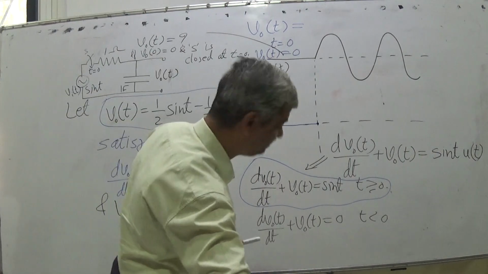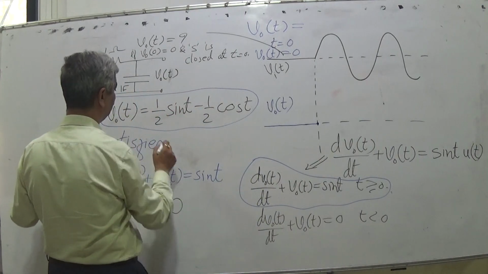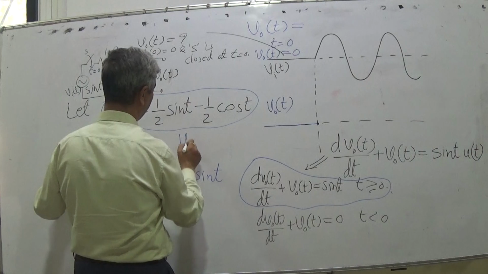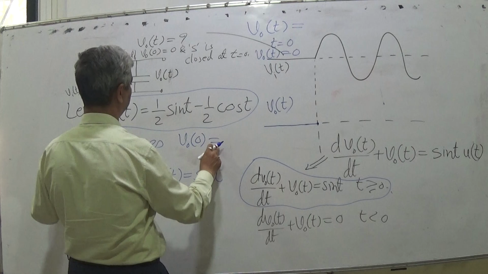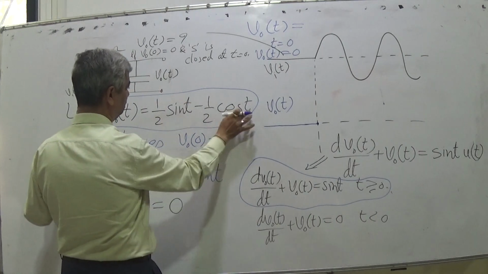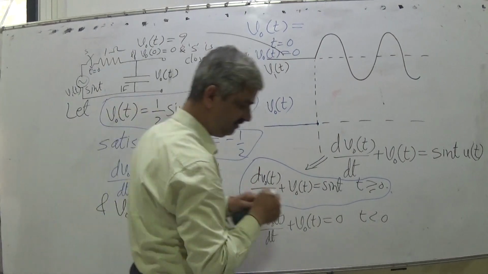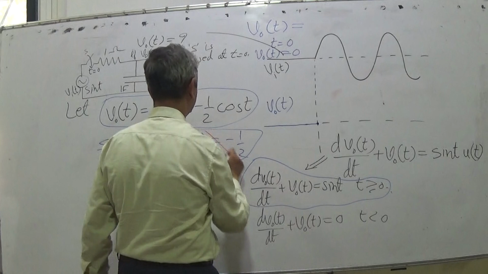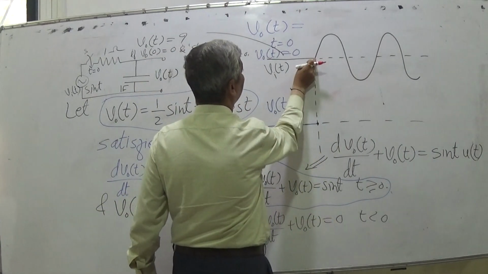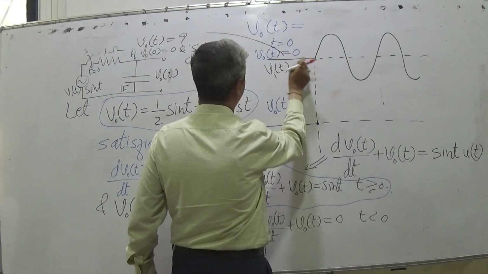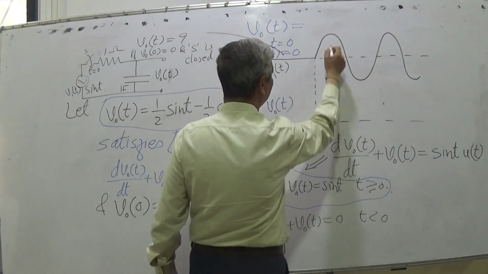Because at t equal to 0, if I solve this, what is VO(0)? This is 0, this is 1, so minus half. And this can't be there, right? Because when you apply sin t here, the capacitor discharge, it can't become this one.